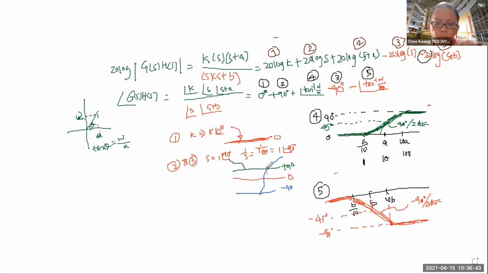Now another way of interpreting is, in fact, the origin also behaves this way. Let me try to get the origin up first. So let's say right now here, instead of 10, if this is the origin, this will be 0, right?